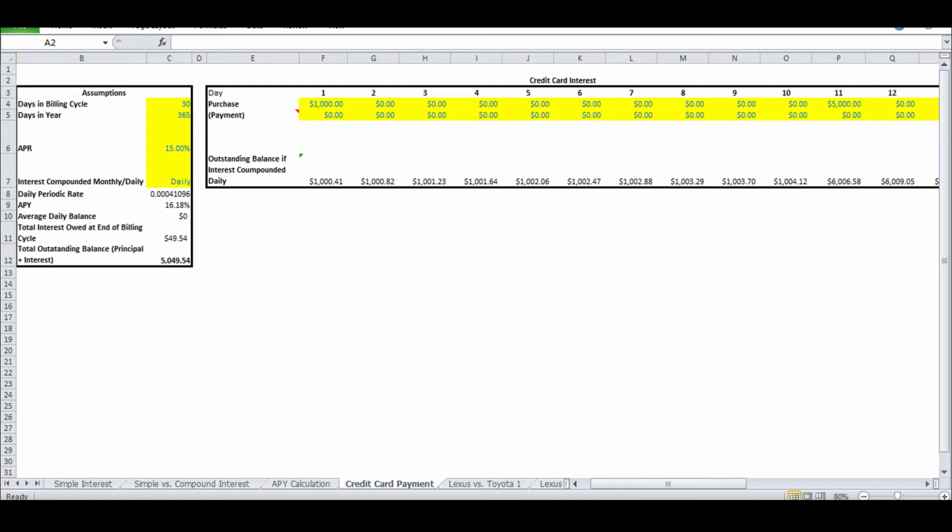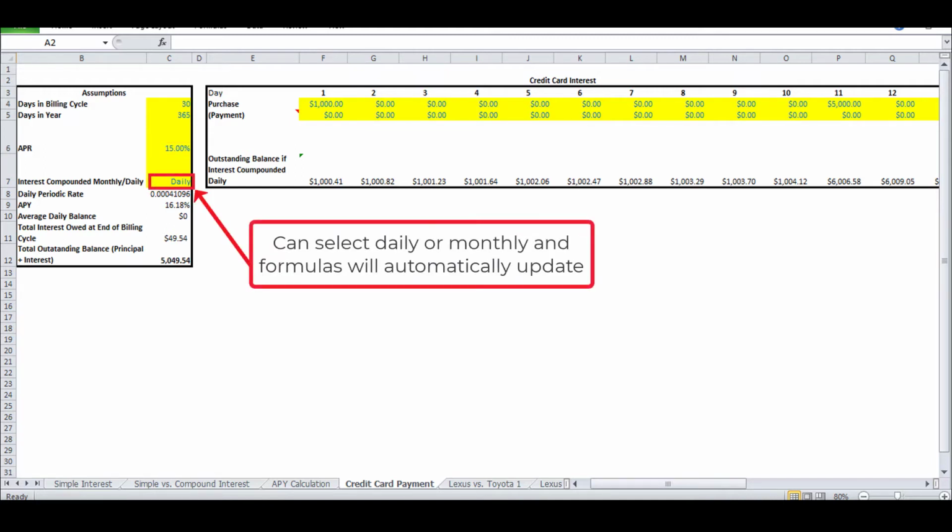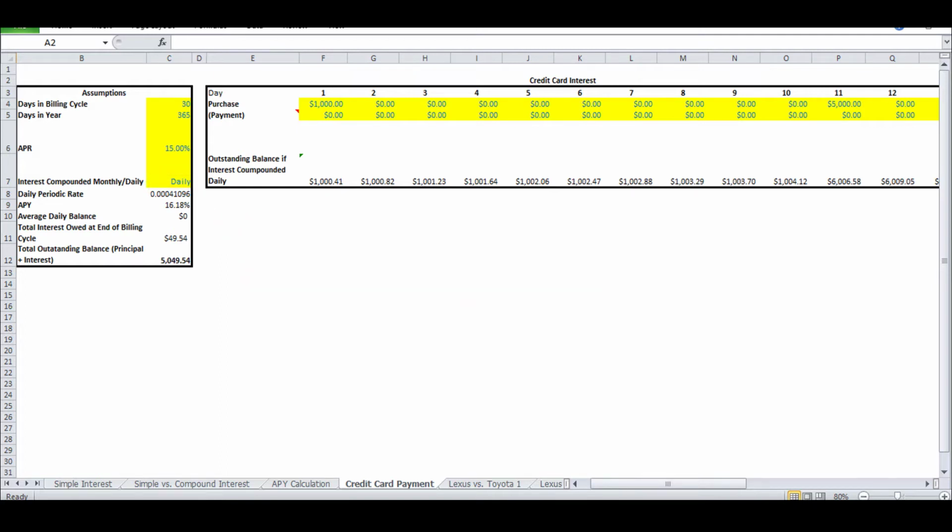So for this example, we have a billing cycle of 30 days, in other words, a 30-day month. We have 365 days in the year, and an annual percentage rate of 15%, and the interest is being compounded daily. Now note, in this file you can also switch from a daily to monthly interest rate, and the formulas will update accordingly.